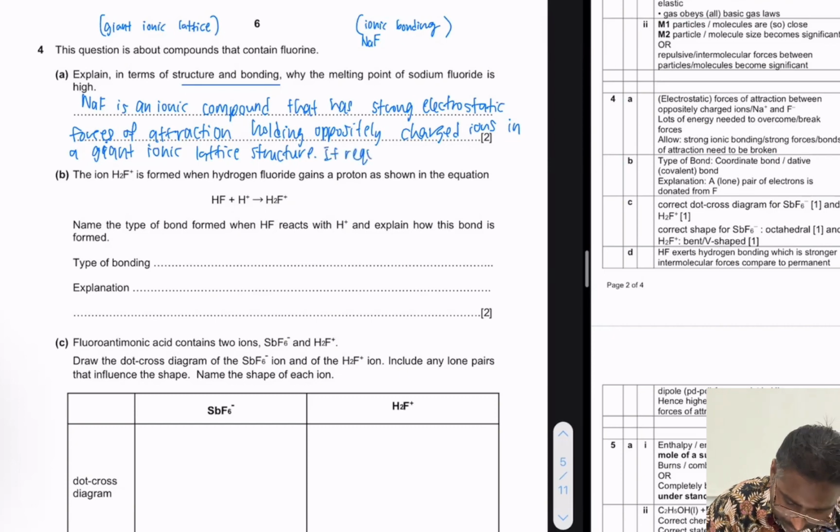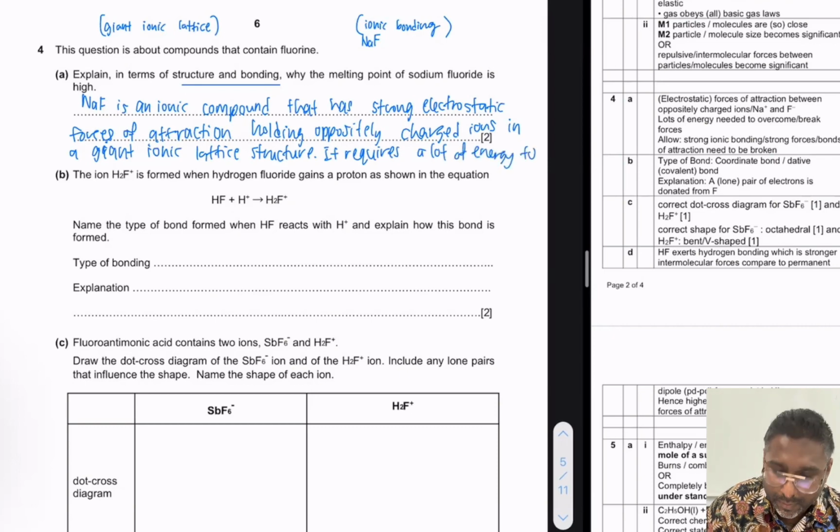So therefore it requires a lot of energy to overcome the forces of attraction.